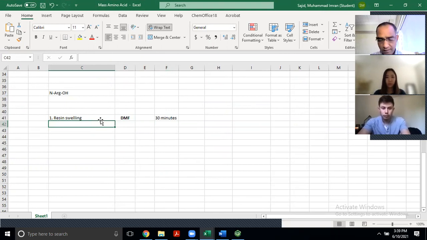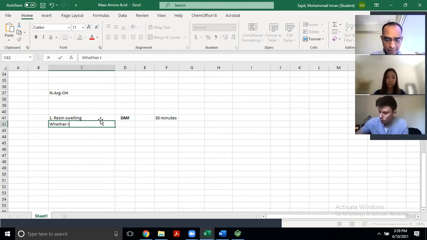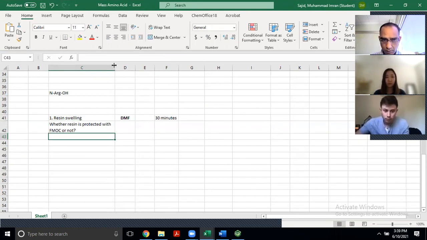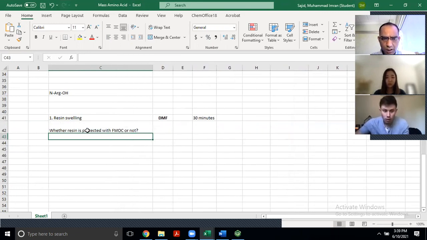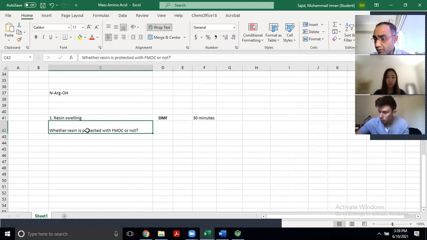After resin swelling, now we have to see whether the resin is protected with Fmoc or not. Do you do the Kaiser test? No. There is no need for a Kaiser test at this moment. We just have to see, and it is written on the bottle whether it is protected or not.